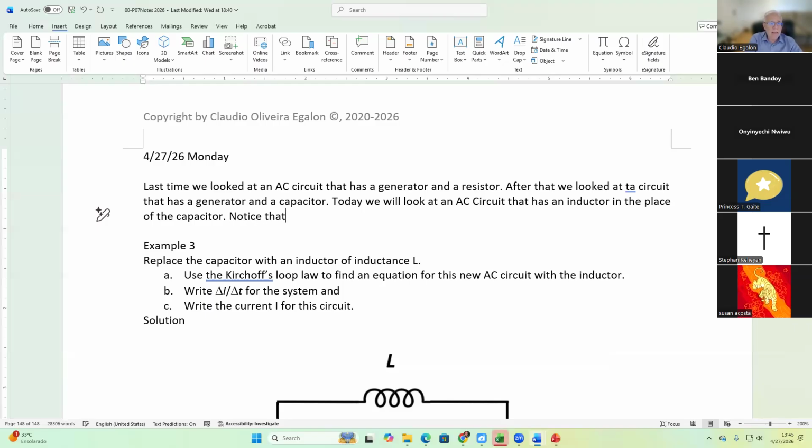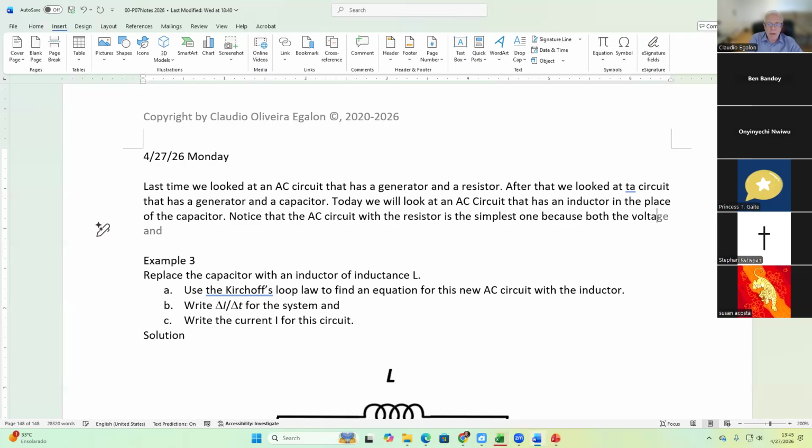Note that the AC circuit with the resistor is the simplest one, because both the voltage of the generator and the resulting current are in phase with each other, right?